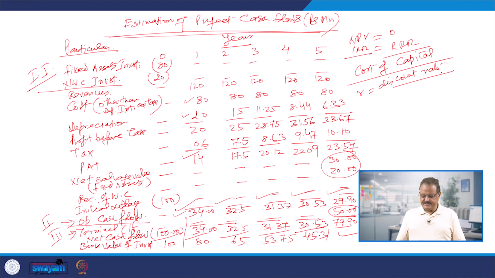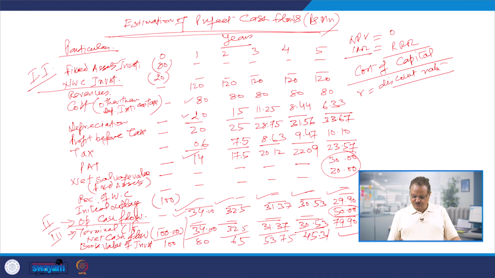So, for understanding the concept of the cost of capital in detail, and what are the different sources of finance which carry the cost, which do not carry the cost, and how to calculate the cost of capital for different sources, what is the process of calculating the cost of debt, the cost of preference capital, and finally the cost of equity capital, we will have to discuss in detail.